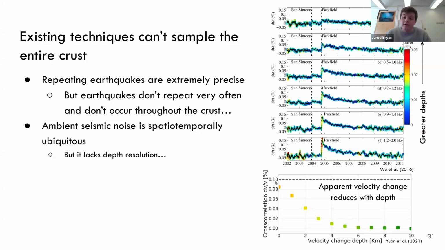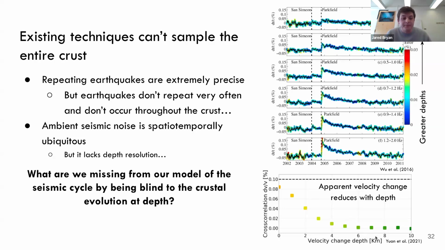The velocity change that we applied was always a fixed 0.1% velocity change. But whether we applied it at the surface or slid it down to 1 kilometer, 2 kilometers, 3 kilometers depth, the estimated velocity change was under-predicting the true velocity change more and more. So we also have this effect where, for deeper velocity changes, you just systematically lose sensitivity to them.